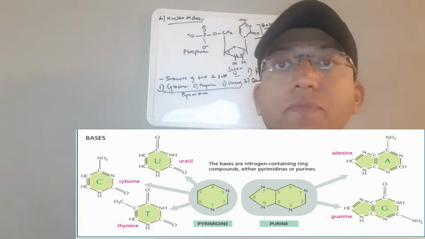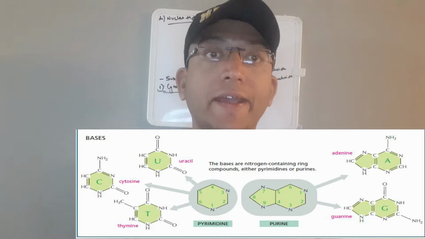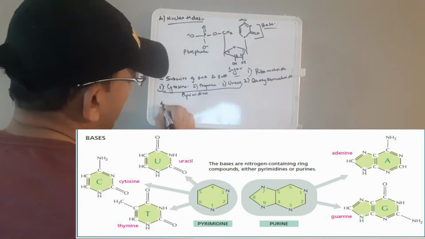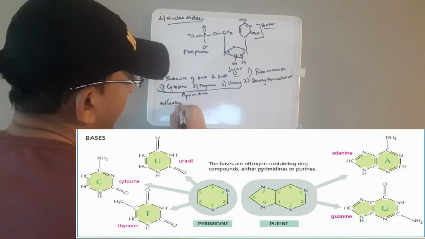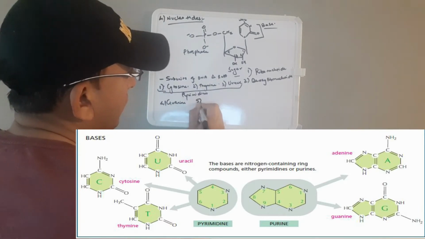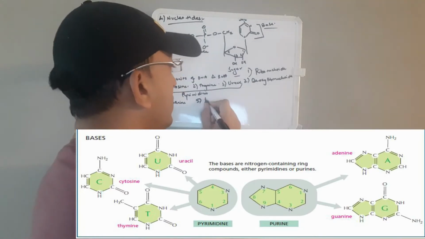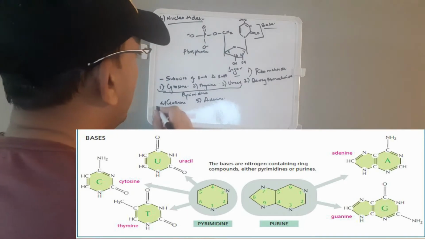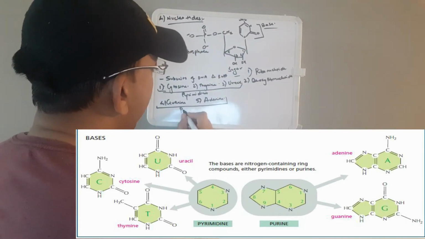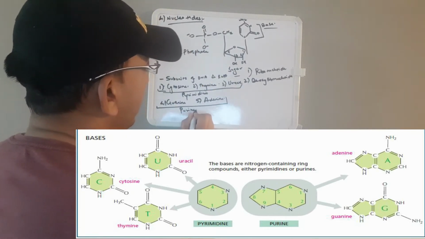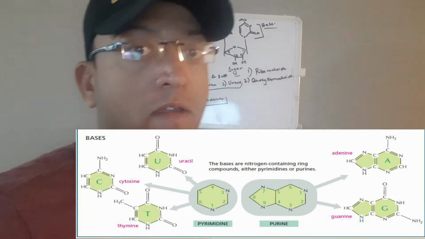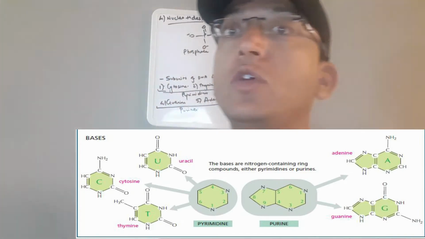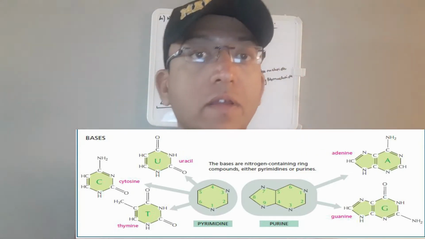Then guanine and adenine are purines. There are two different kinds. They are guanine and the fifth is adenine, and these are called purines, which bear a second 5-membered ring fused to the 6-membered ring.